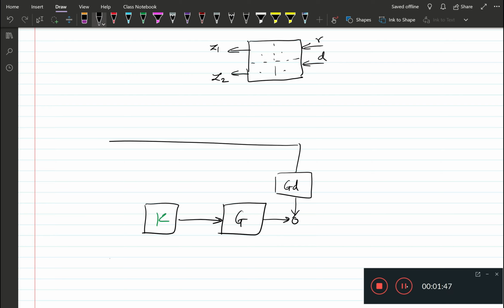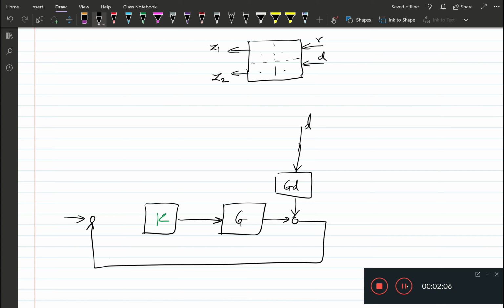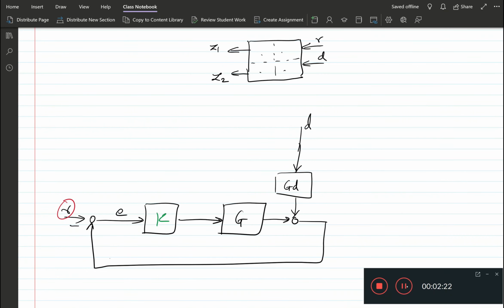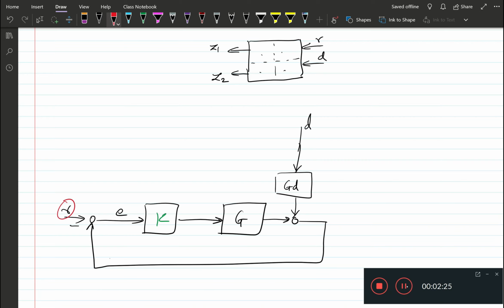Coming from the disturbance D. So let me just have the disturbance here, and this one is Y, that's R, and this is E. Now we have two inputs, R and D, and the two outputs now for this design are still the same.